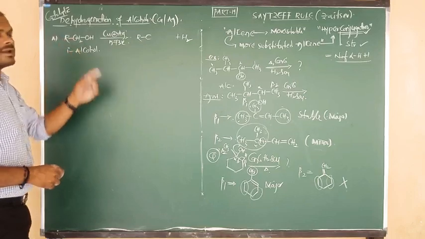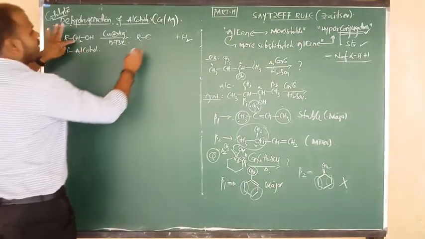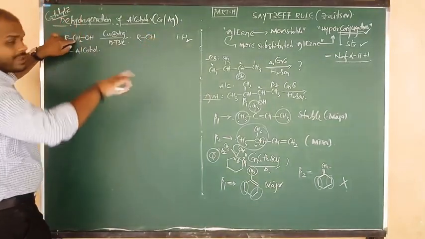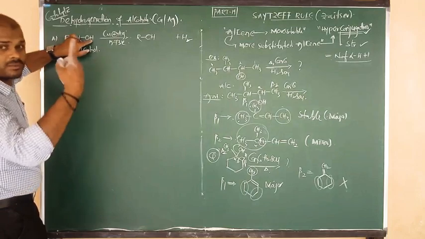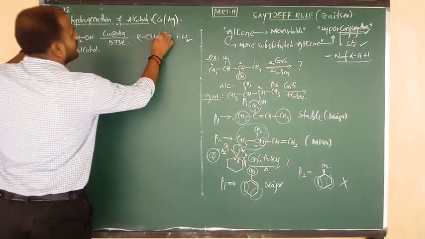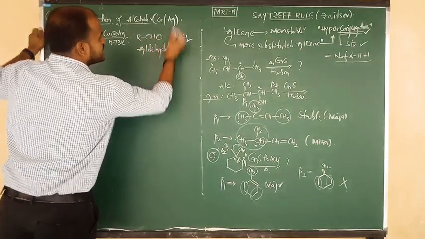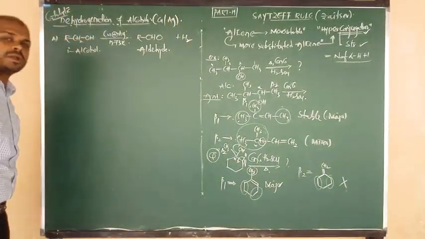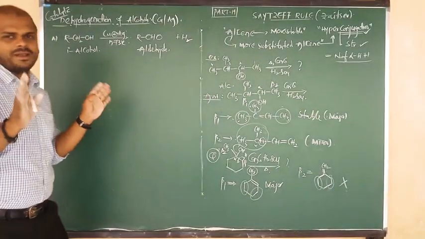Actually the central carbon contains two hydrogens. From that we remove one hydrogen, and the remaining is CH. The other hydrogen atom that we removed is the one on the oxygen. So after removal of hydrogen, we get the product. The product is nothing but aldehyde. Which product are you going to get, beta? Aldehyde. So make this statement perfect in your mind now.